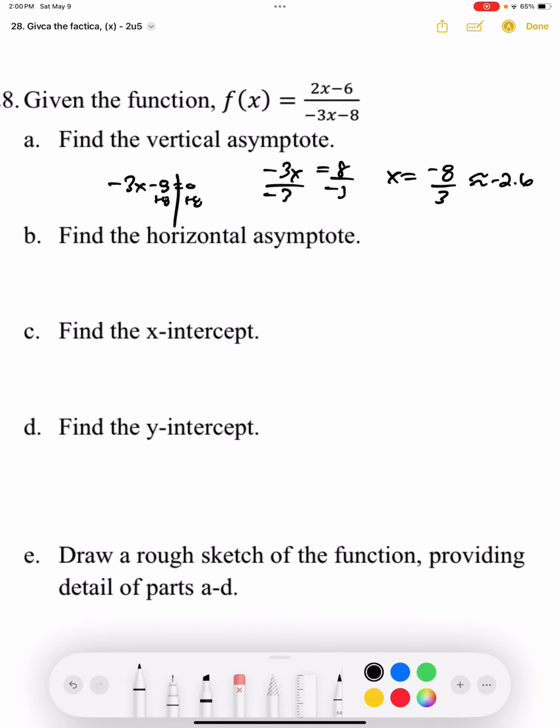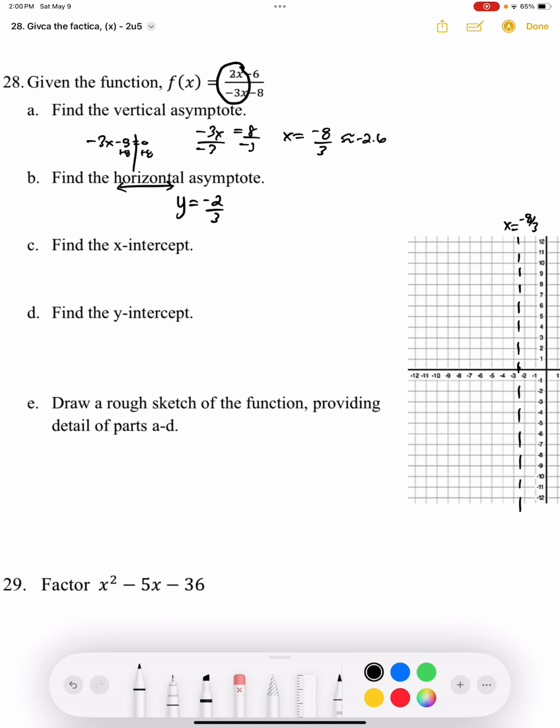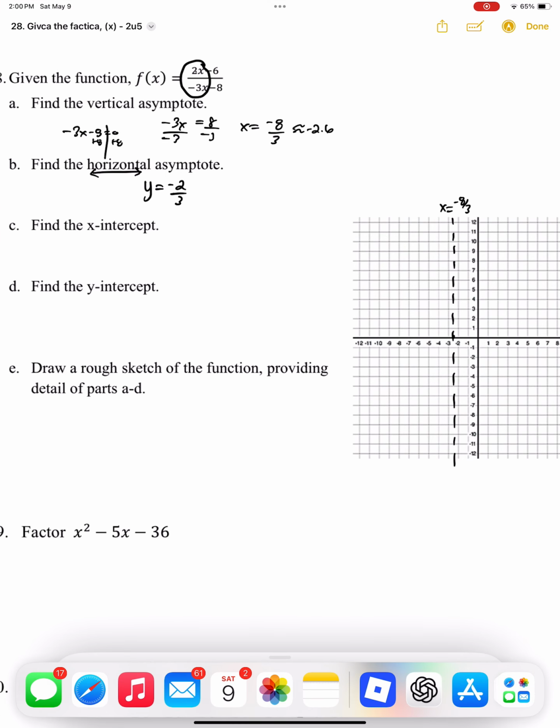Horizontal asymptote, you look at the leading terms, and because they are the same, they're both x's, then you just divide them. So it's going to be just the 2 and the -3. So it's going to be y equals -2/3. So this one is horizontal, right? It's left to right. So how much is -2 divided by 3?